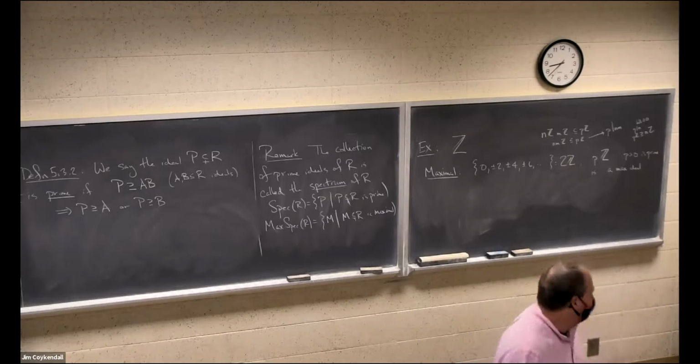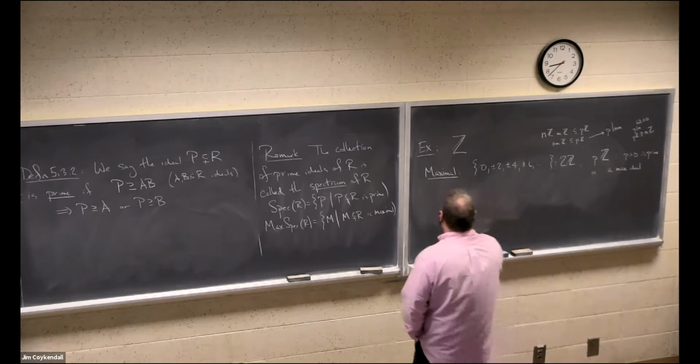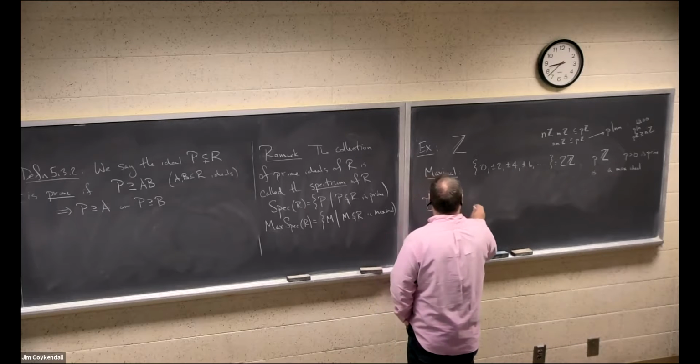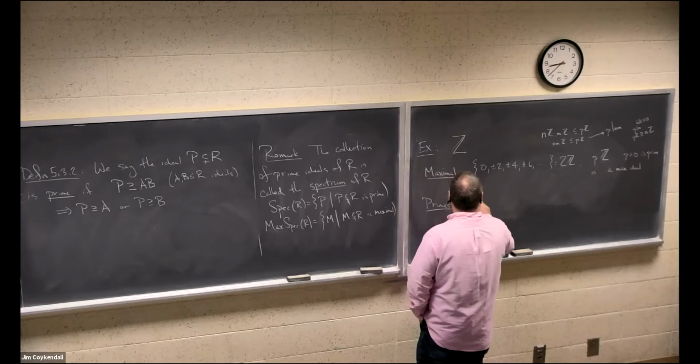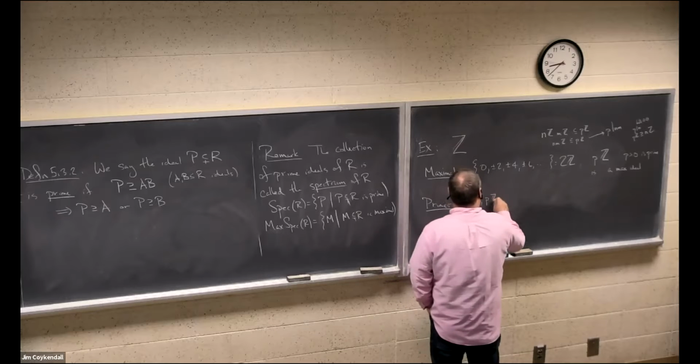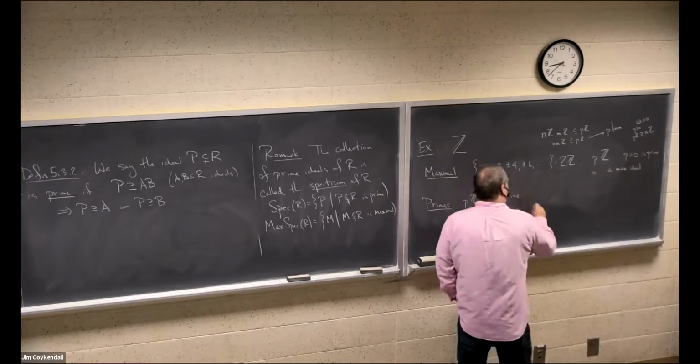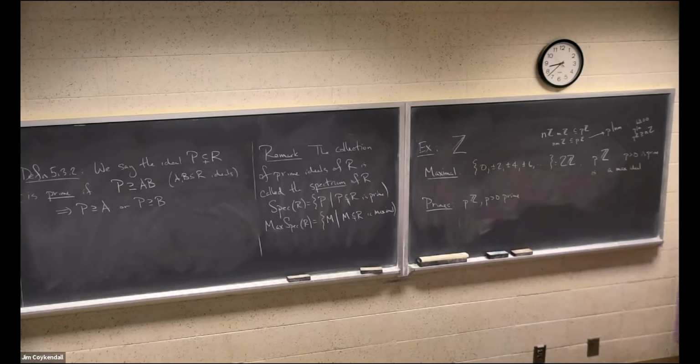And there is one more prime. Actually, Z has one more prime ideal on it. Anybody know what it is?